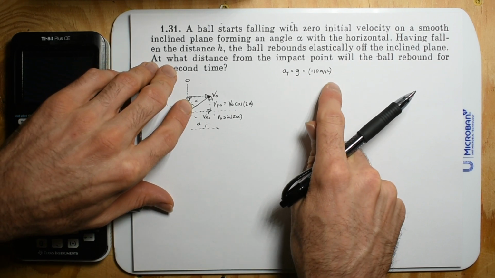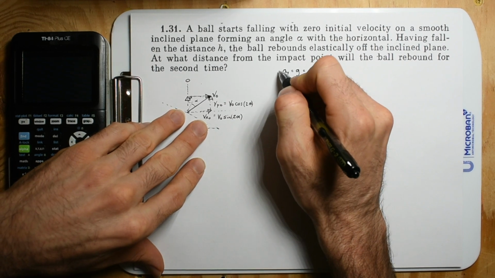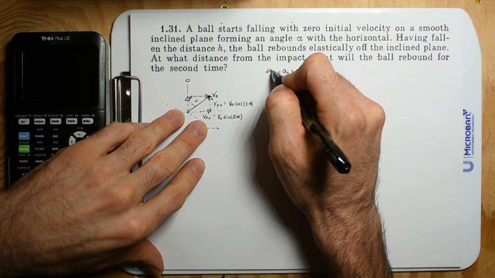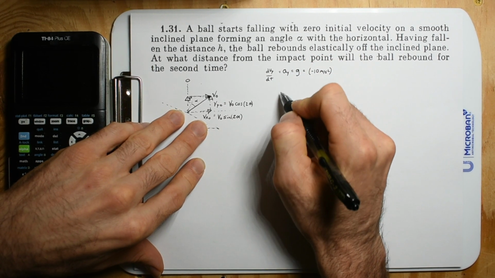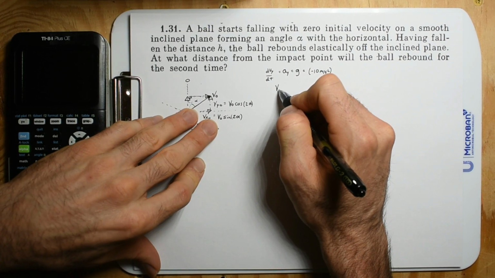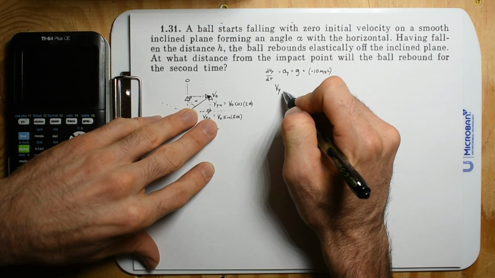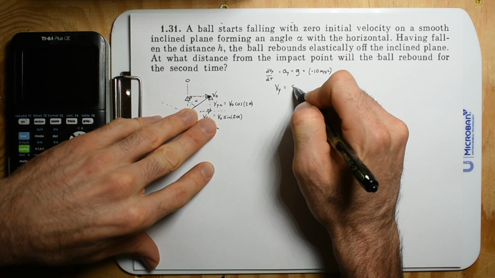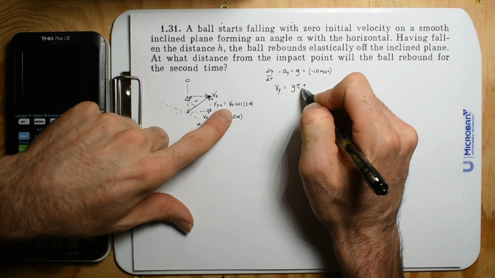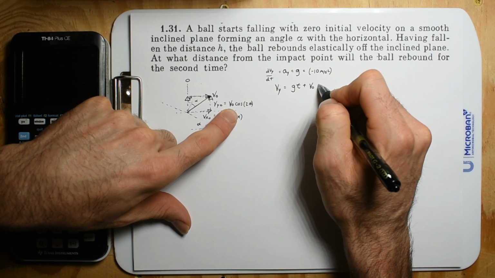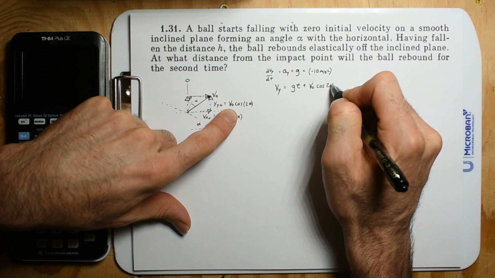We say that's equal to dvy dt, separate variables, and we get an equation for the velocity in the y: gt plus the initial velocity in the y, V naught cosine 2 alpha.